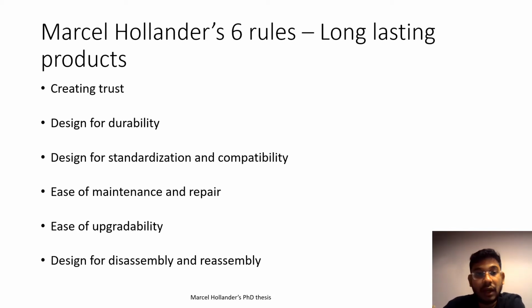And try to make it easy for upgradability. Sometimes you have entirely new product design that's coming up, so try to see if you can design a product in a sense that it can get upgraded in the future in case of radical new thinking coming into product development. And try to make it easier for complete disassembly and reassembly into a newer product.